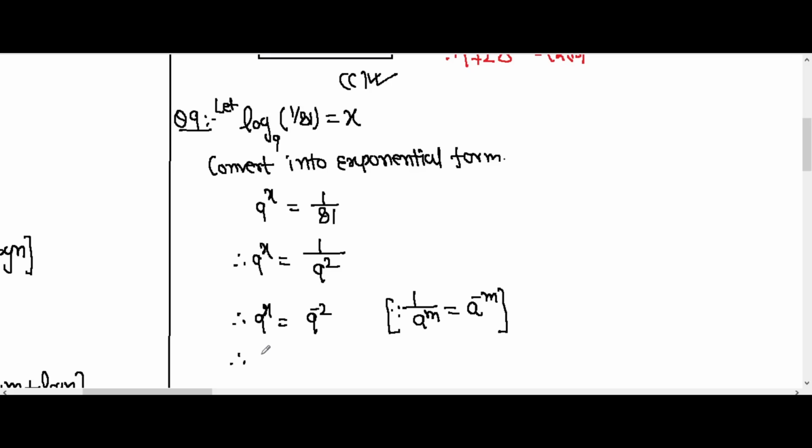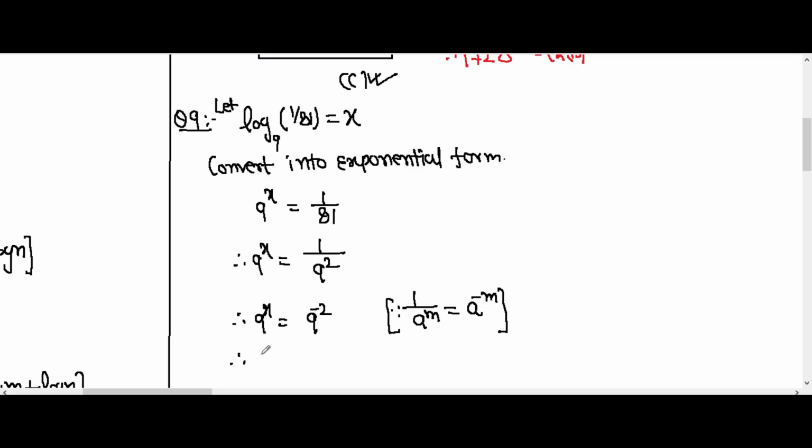Now see, we told you a property: log of a at the base of a is always 1. So next we have log at the base of 2, log at the base of 2, 2 raised to 2. Again, same as the steps used above, log at the base of 2, 2 log 2 at the base of 2 is equal to log at the base of 2, 2 into 1. Again we applied log of a at the base of a is equal to 1.